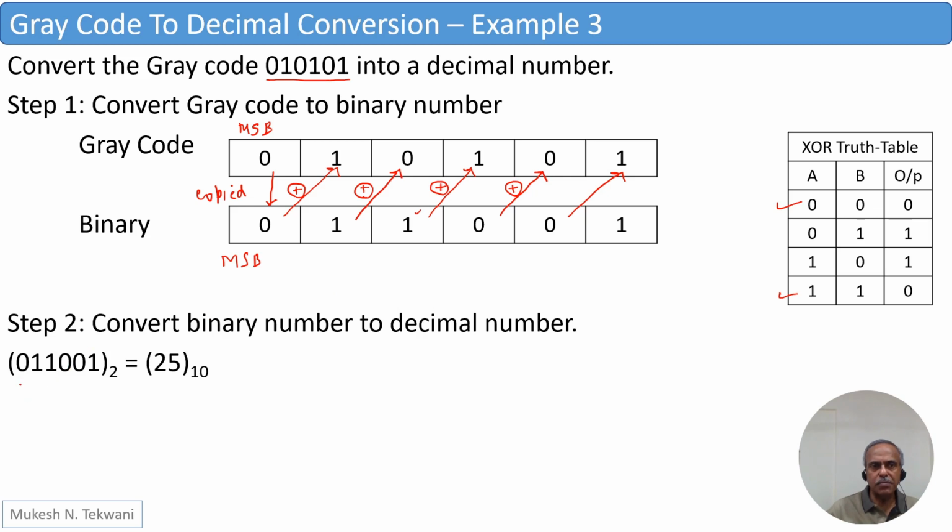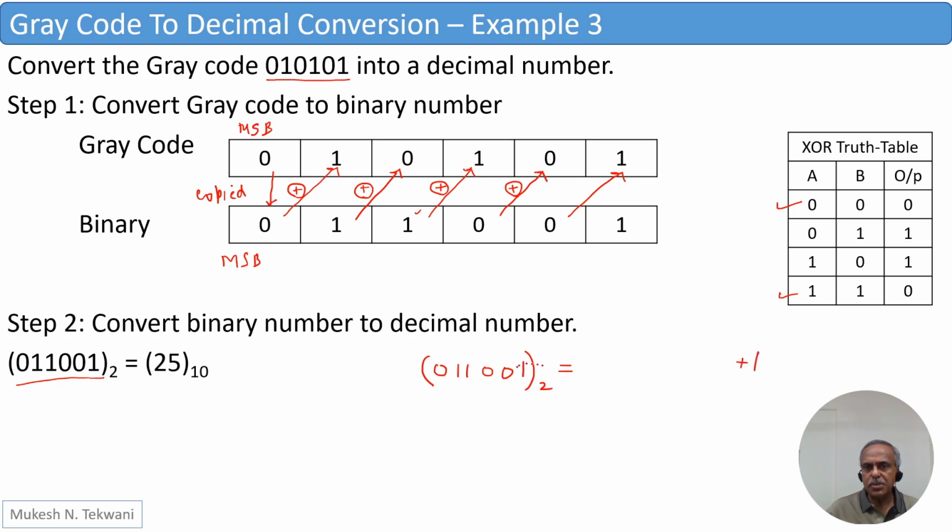This number that we have is the equivalent binary value, and we know from our previous session that we can convert this into the equivalent decimal value, and that becomes 25. So this is 011001 of the decimal. We attach a weight to each bit. This bit has a weight of 1.